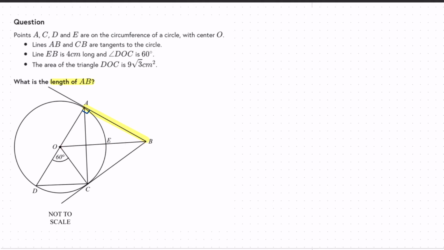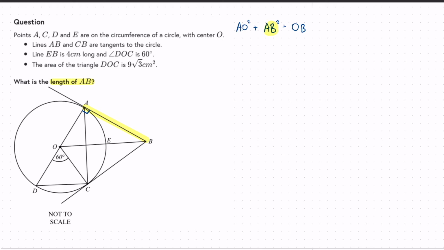This is my Pythagorean theorem. So AO squared plus AB squared is equal to OB squared. And you'll see here, this is the side I want, AB.